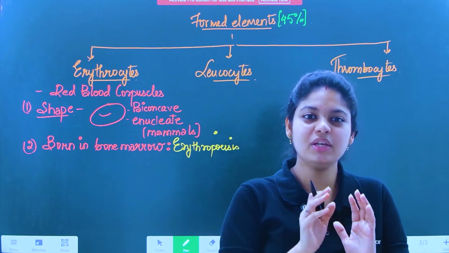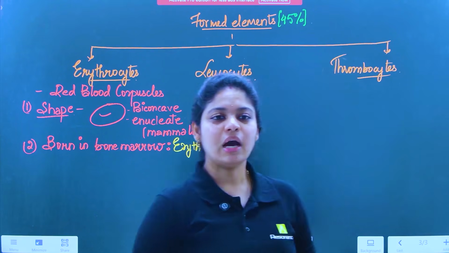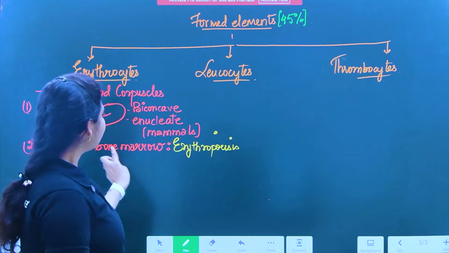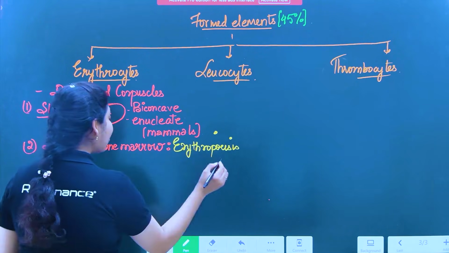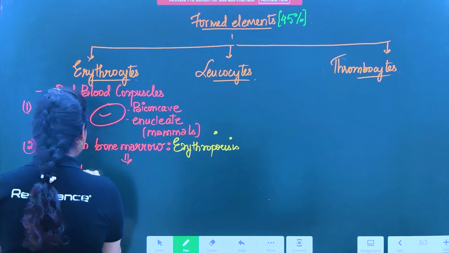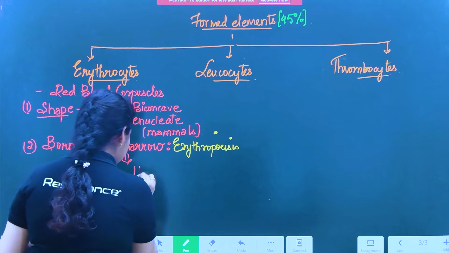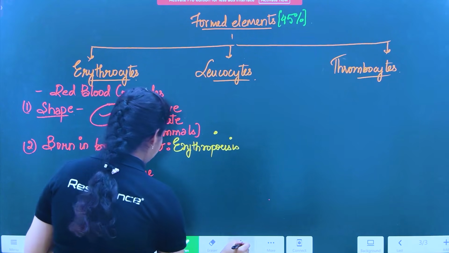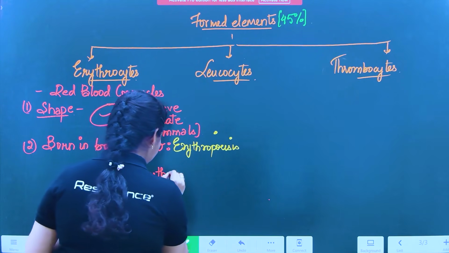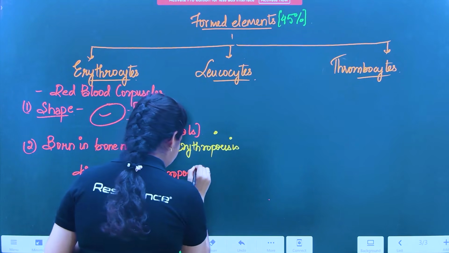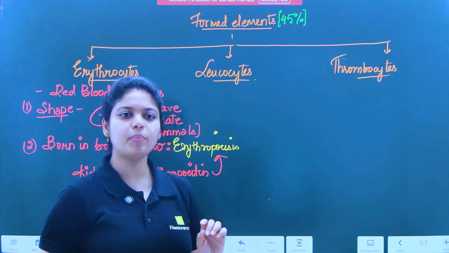Their composition is based upon their function. Understood? Okay. Now, if you see it over here, they are born in bone marrow. How are they born? They will help the kidney to release erythropoietin, which will support erythropoiesis.